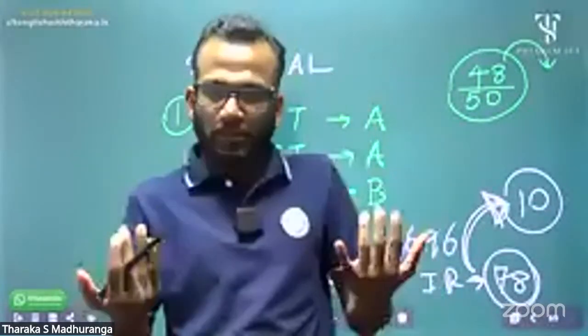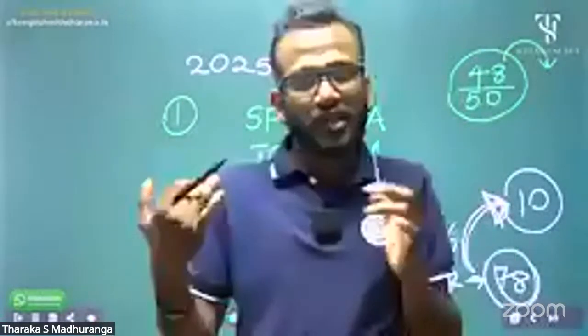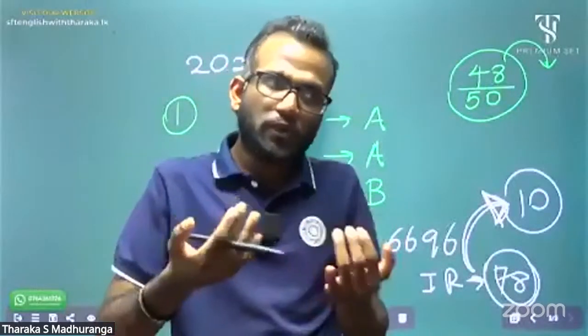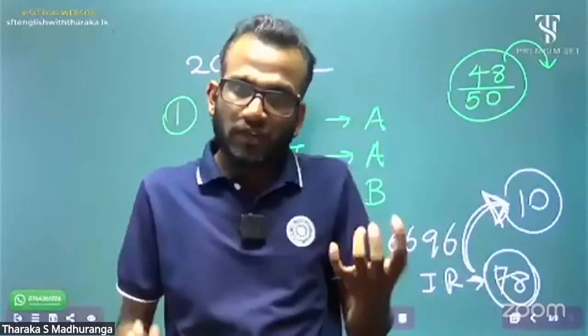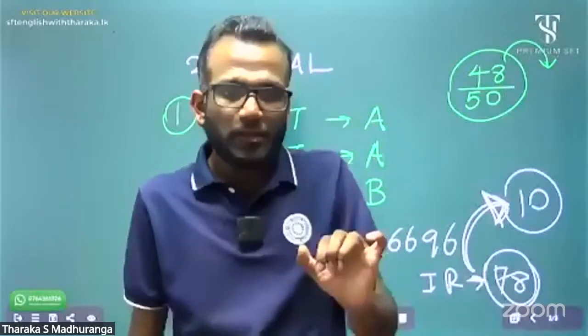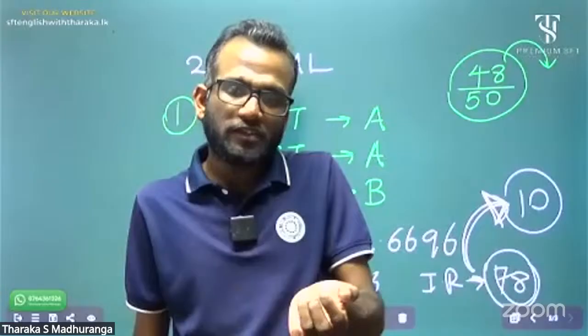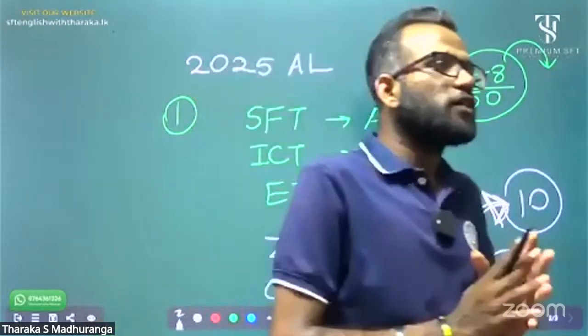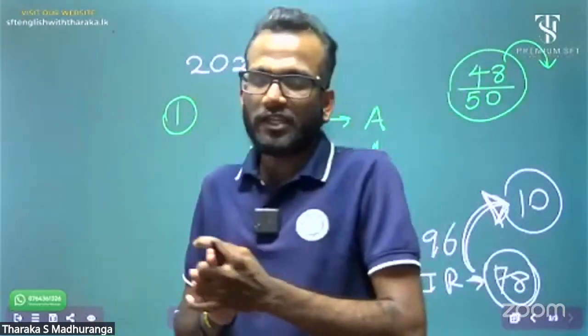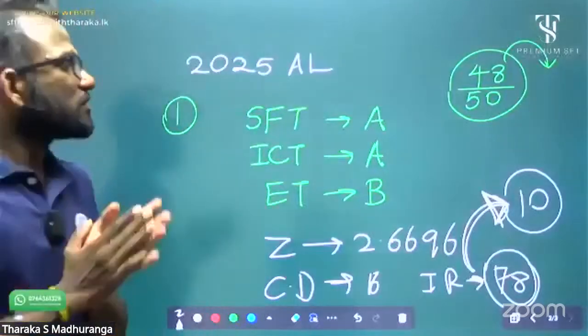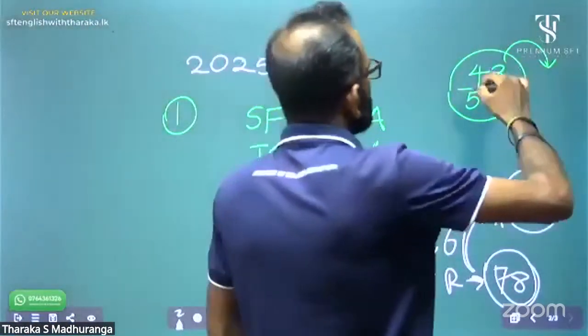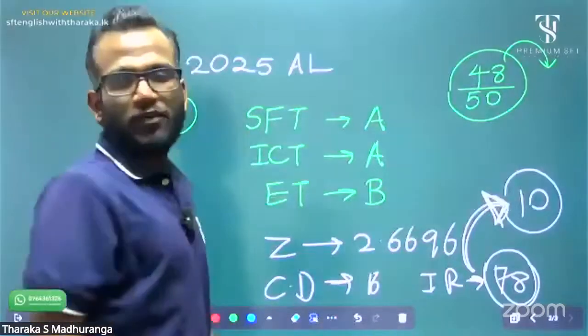The education department does not release English medium papers. They only give Sinhala and Tamil medium. For English medium we have to translate. I translated all types of papers for 2025 students and gave them. That's how we got more than 90 marks for SFT.